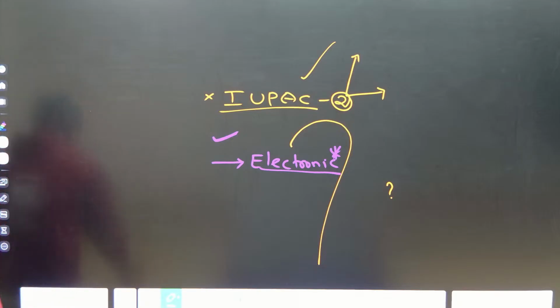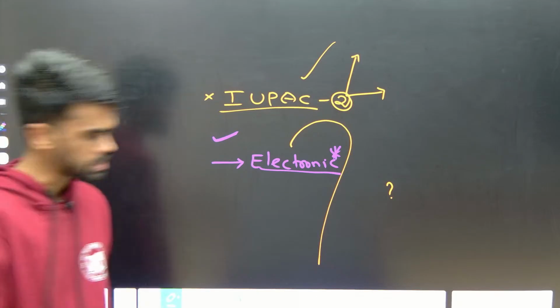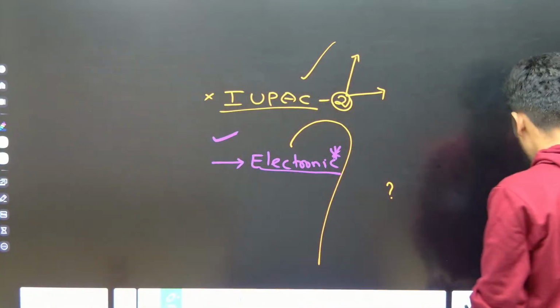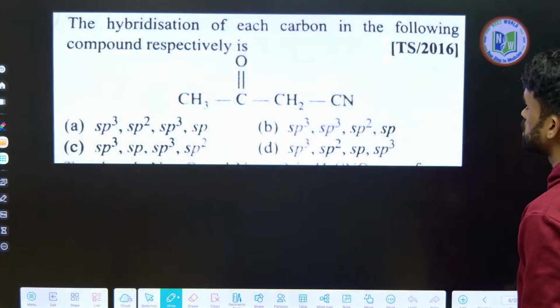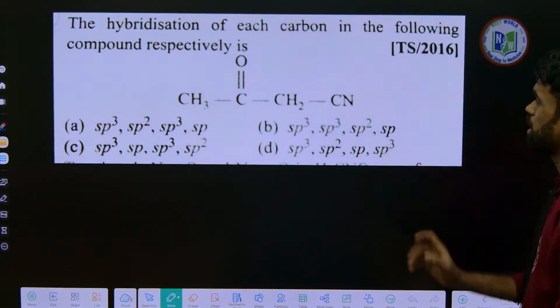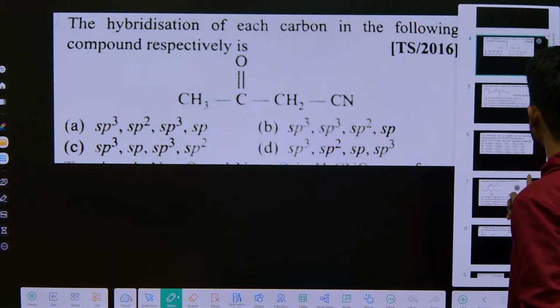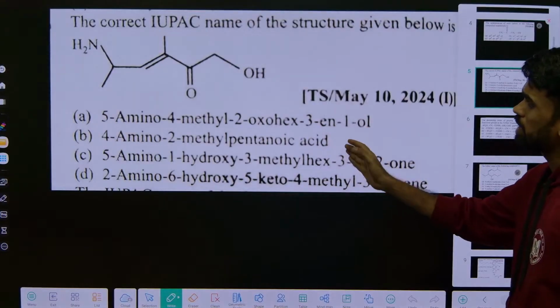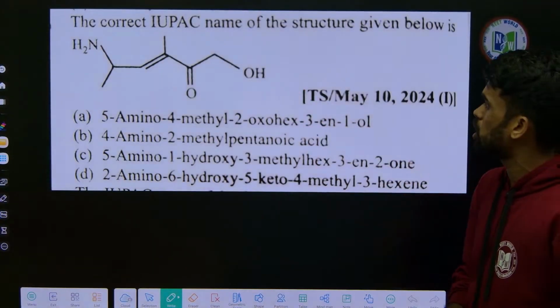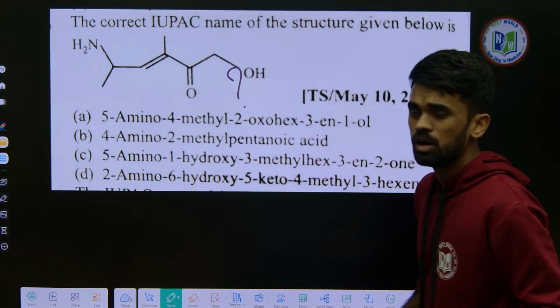Just look at these questions that are from previously asked papers. This is a very basic question. First of all, identifying the electronic configuration, which you might be knowing, and identifying the IUPAC name of the given compound. What could be the name of this compound, how can you name it?